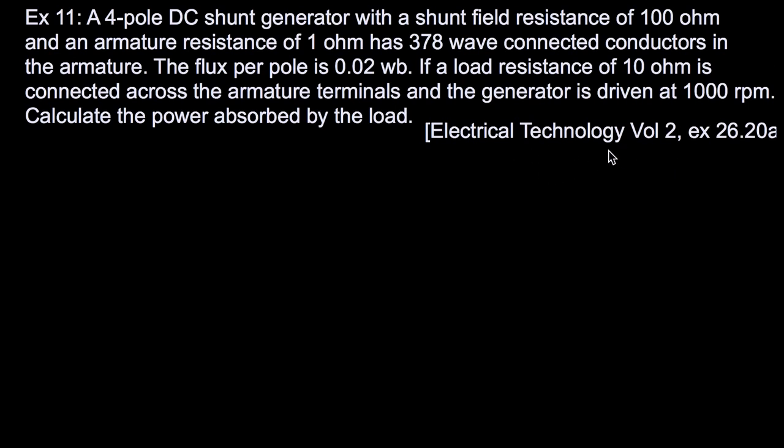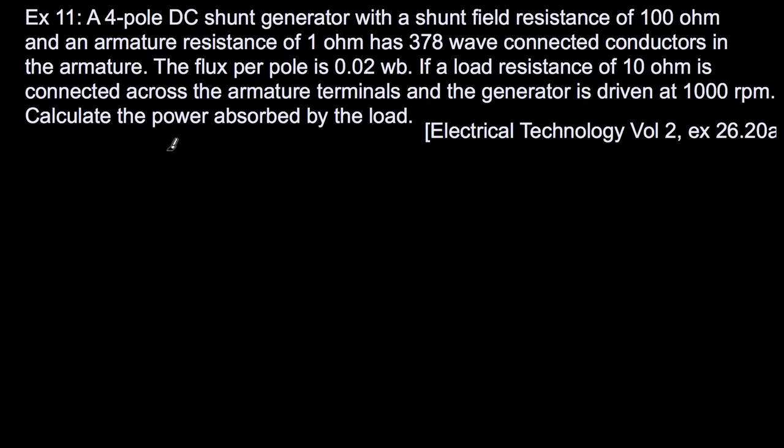Any standard electrical machines textbook will have many examples like this. So I strongly encourage you, apart from seeing my videos, to get hold of a nice electrical machines book and look at the chapter on DC machines and DC generators. You will find several problems to solve for practice.